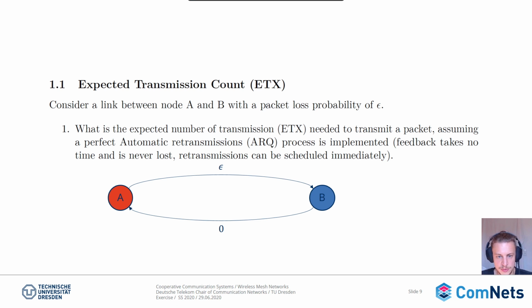So in this case we have a perfect feedback link, a perfect link back from B to A, which is a bit of an exaggeration compared to reality. Also the feedback takes no time, so A immediately knows what to do if a packet is lost or not, and so always knows how often it should transmit a message.